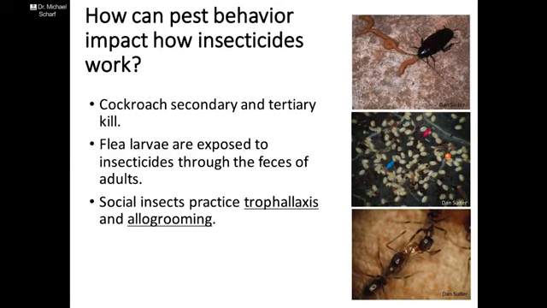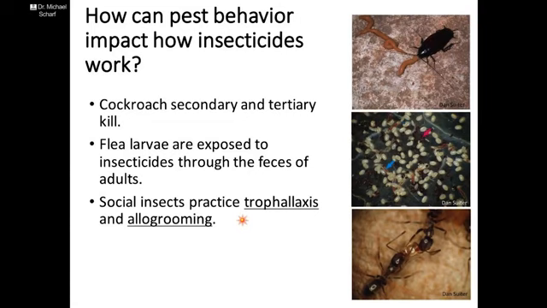Here we have some flea eggs and larvae, and the adult is defecating out insecticide off the host pet that they're feeding on, and that's how the larvae are exposed. A lot of that is made possible by the ability of the insecticide and its chemistry to dissolve at just the right amount and move in the feces of the insect from adult to offspring.